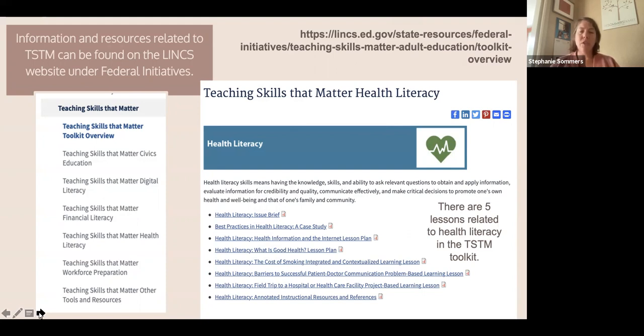Each section contains 1 integrated and contextualized lesson plan, 1 project-based, 1 problem-based, and then a couple of others that you can look at. They are at different levels throughout the toolkit, and these would be a great way to get started.